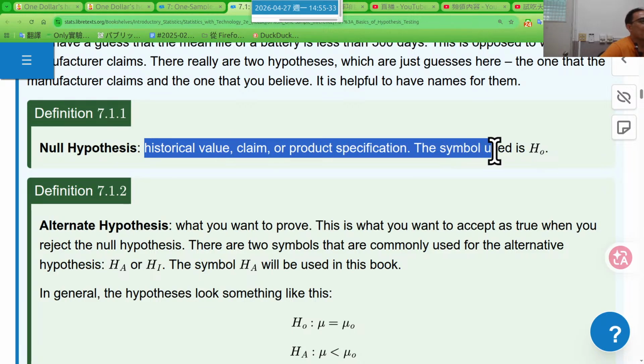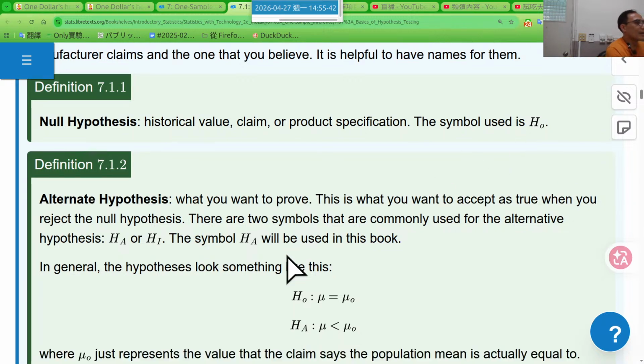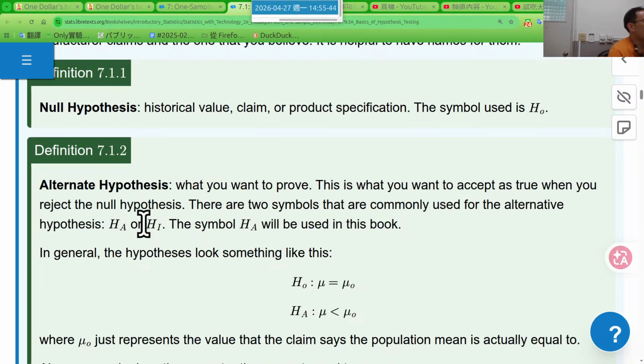The symbol used is H-naught, or H0. Then the alternative hypothesis is what you want to prove.